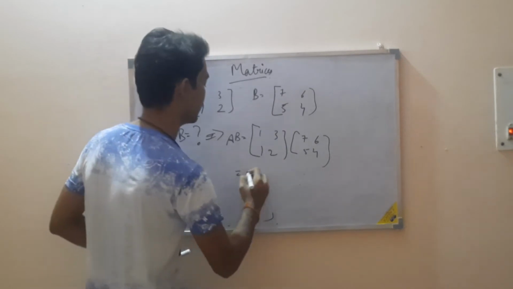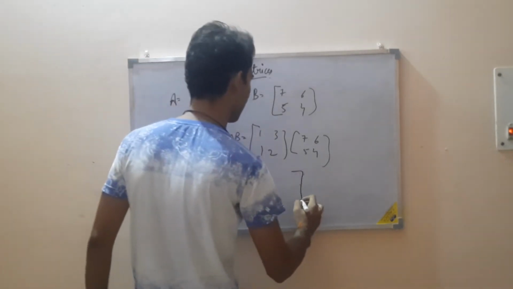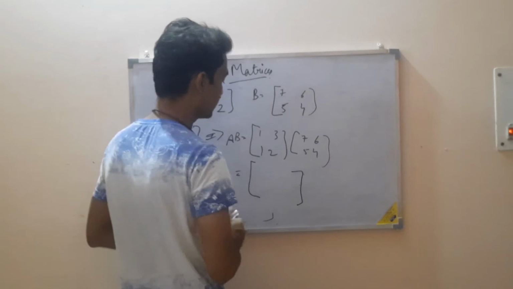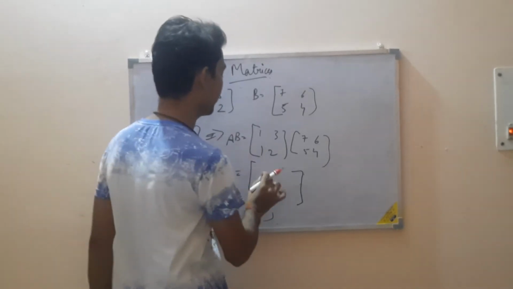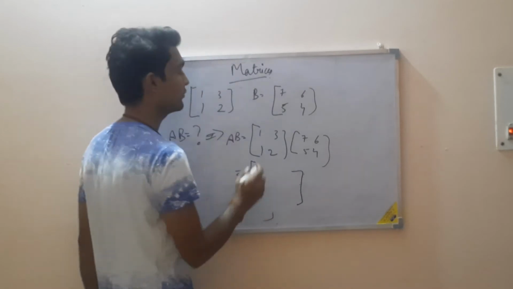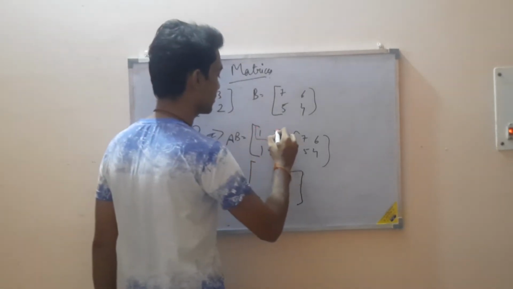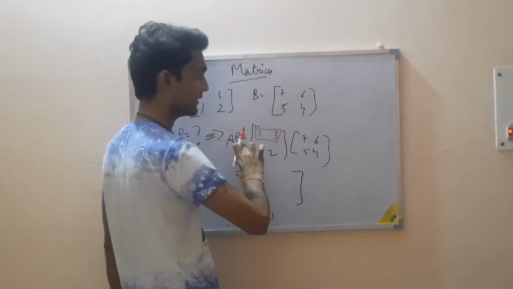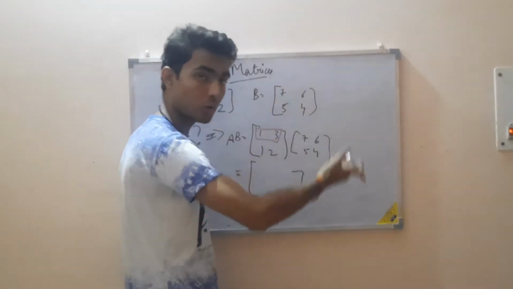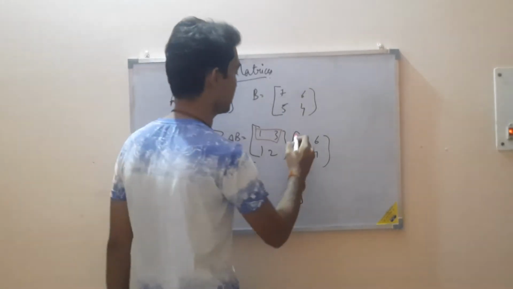So now for calculation, at this position, that is AB11, for writing the value we will be considering row 1 of the A matrix and column 1 of the B matrix.